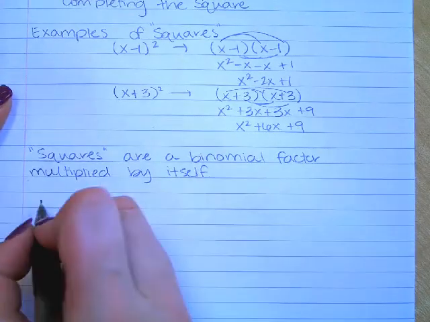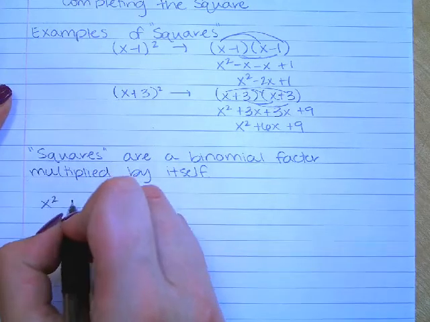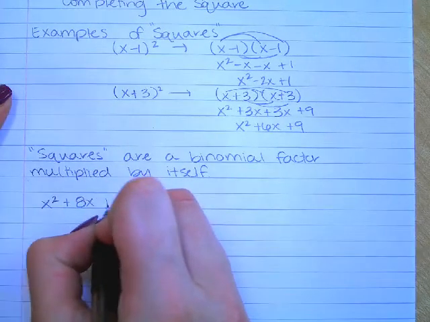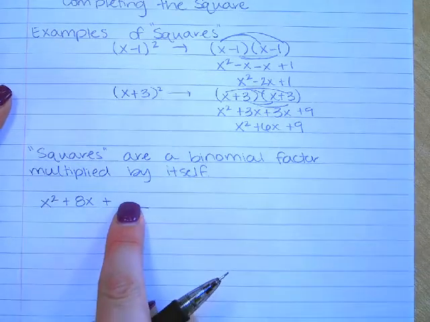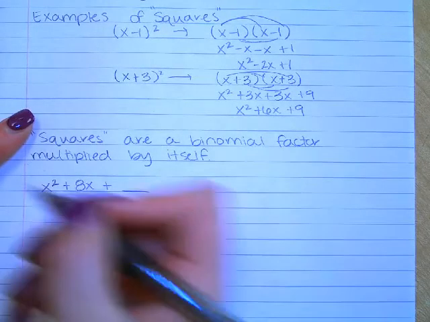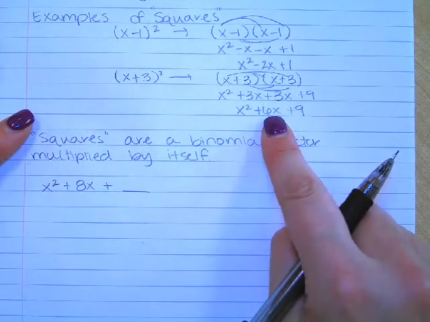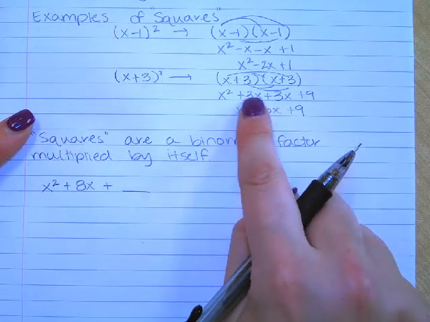All right, so if I was to complete the square for a problem like x squared plus 8x plus something, I would want to figure out what goes right here. And then I would want to figure out how I could write it as a square. So if you notice, if we work this process backwards, then the middle term gets split in half.